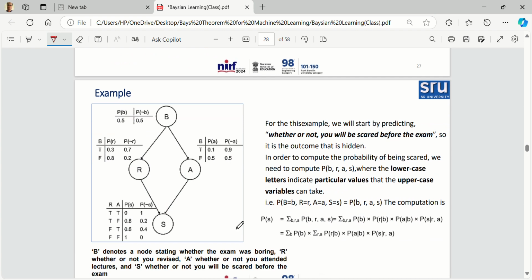Now here arrow marks are given. So R depends on B, A depends on B, and S depends on R and S depends on A. Now consider this example. You start by predicting whether or not you will be scared before the examination.